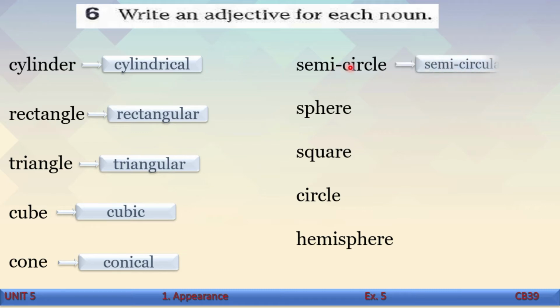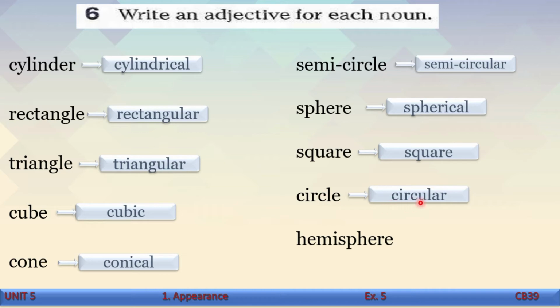Semicircle, semicircular. Sphere, spherical. Square, square. Circle, circular. Hemisphere, hemispherical. Great.